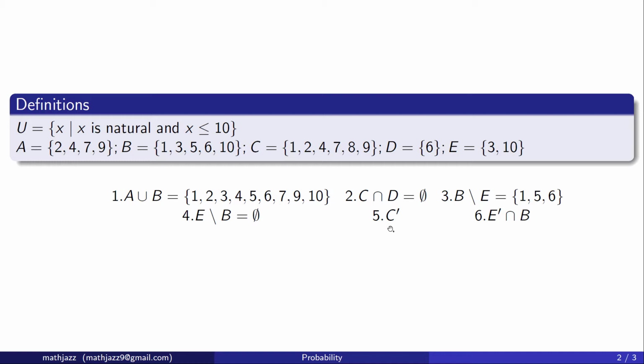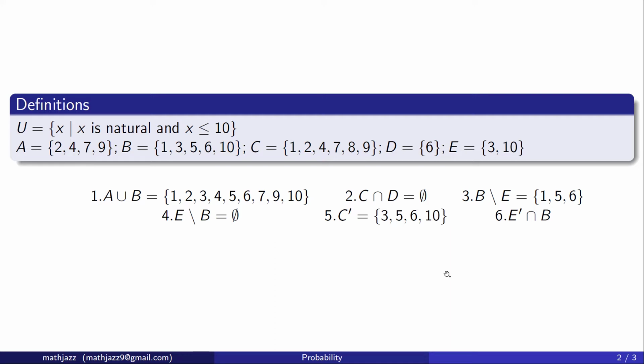We want to write out the elements of C complement. So since 1, 2, 4, 7, 8, and 9 are the elements of C, the ones that are not in C are 3, 5, 6, and 10. So C complement is written there.